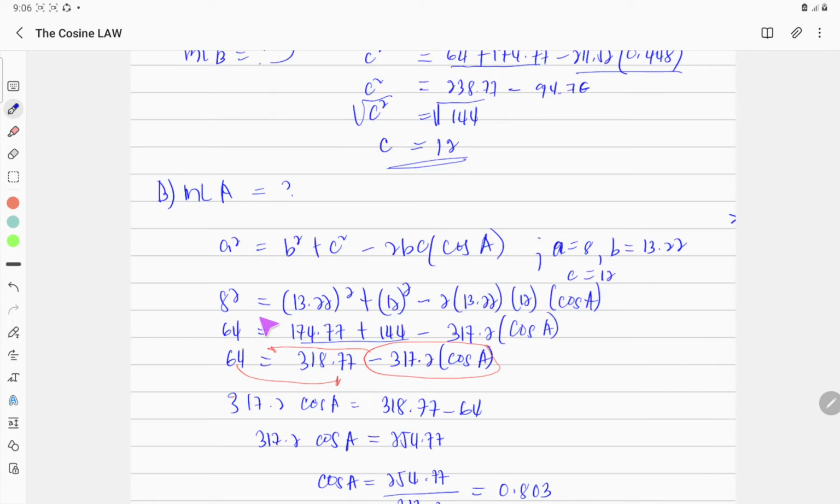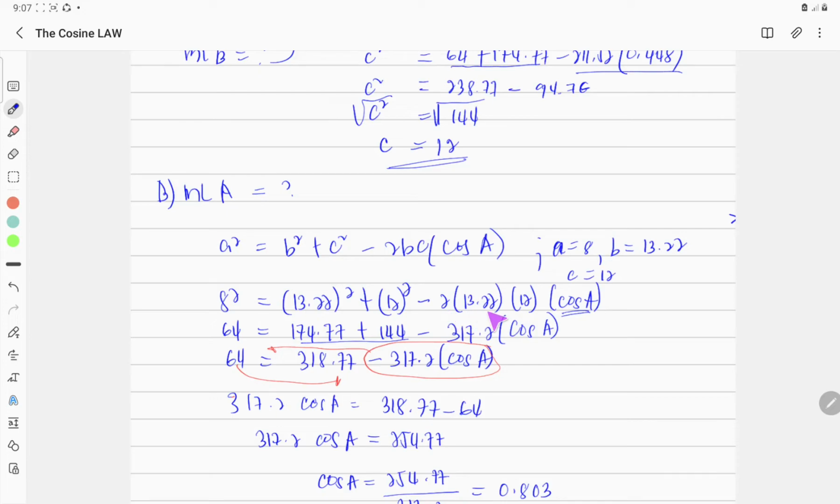Plugging in these values: 8 squared equals 13.22 squared plus 12 squared minus 2 times 13.22 times 12 times cosine A, the one that we're going to solve later. 8 squared is 64, 13.22 squared is 174.77, 12 squared is 144.